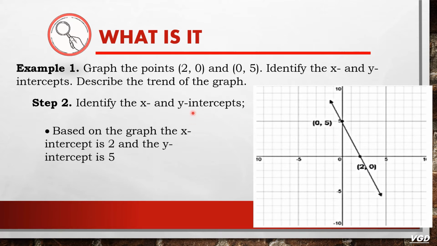So just take note, even if we haven't graphed yet, we can still know the x and y intercept because, as we discussed in the previous lesson, the x-intercept is a point in the graph in which y is equal to 0, and the y-intercept is the point on the graph in which x is equal to 0. So just to be sure of the x and y intercept, we just have to graph. Alright? So that's for the second task.